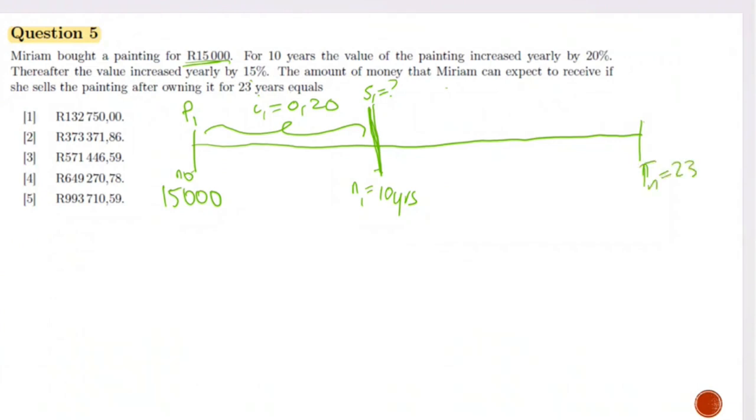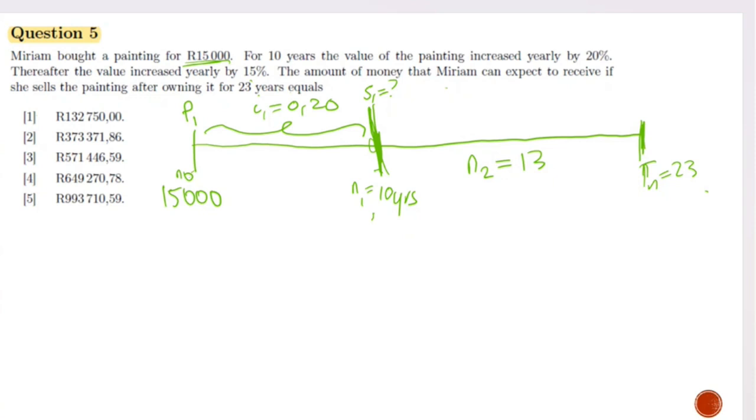That is the full amount. But this has run from this point to here, which is 23 minus 10. So your new period here is going to be equal to 13 years.